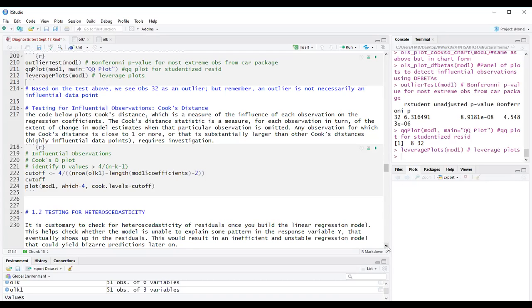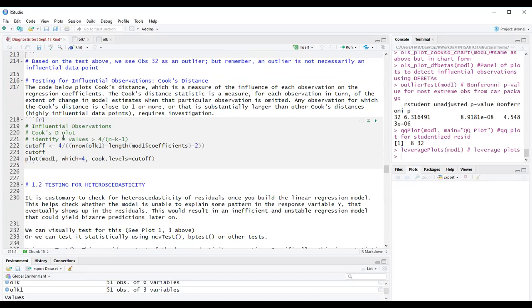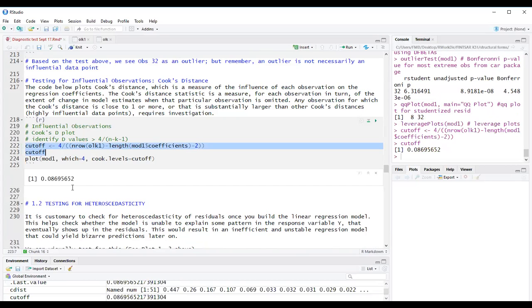Okay, so ito ipapakita ko na example ng pag-compute kay Cook's distance. We determine a cutoff. So yung formula ng cutoff, yung number of observations minus yung ilang parameters, okay? Kasama yung intercept, minus 2. Okay, so i-run ko lang to. So ang cutoff daw guys, 0.0869.